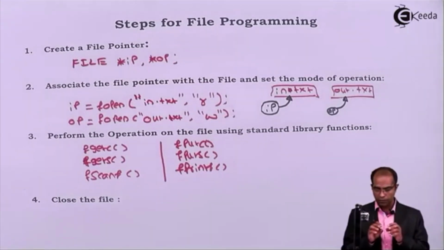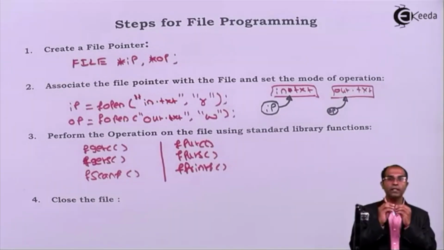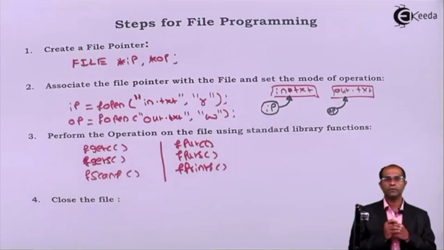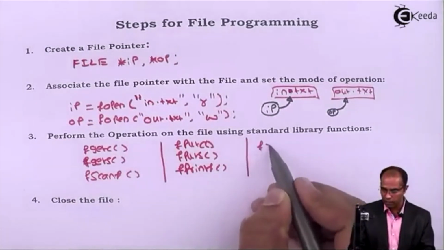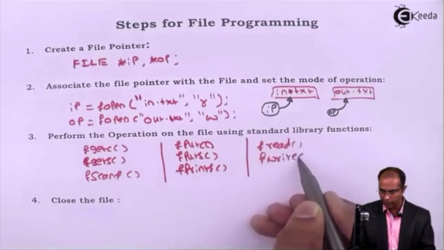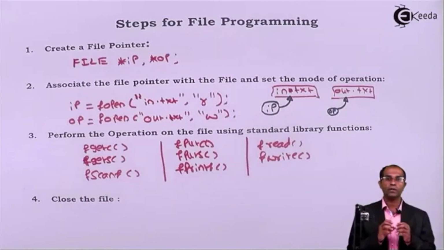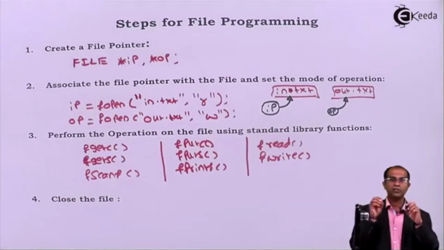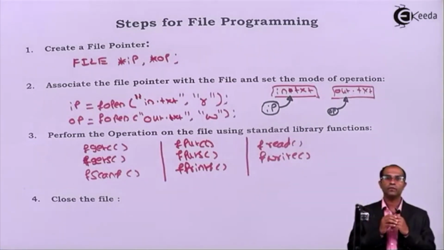Now, all these functions which I have listed under this section are for normal files. If the file is in a binary format, we have some more functions, called fread and fwrite, where one data item is not written, but a bunch of data is taken and written to a file.